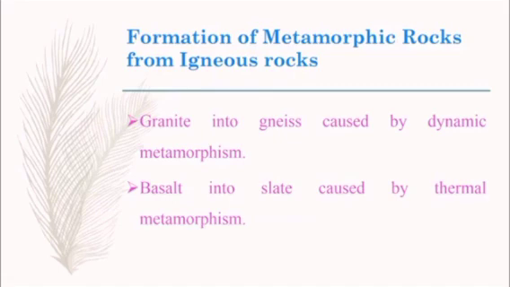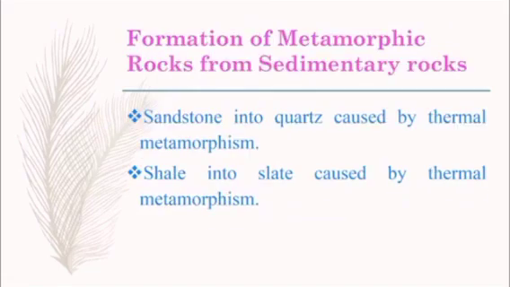Basalt into slate caused by thermal metamorphism. Now we are going to learn about formation of metamorphic rocks from sedimentary rocks. Sandstone into quartzite caused by thermal metamorphism. Shale into slate caused by thermal metamorphism.